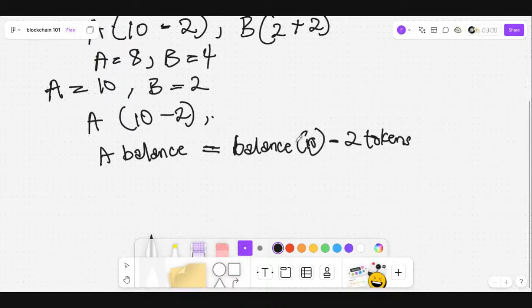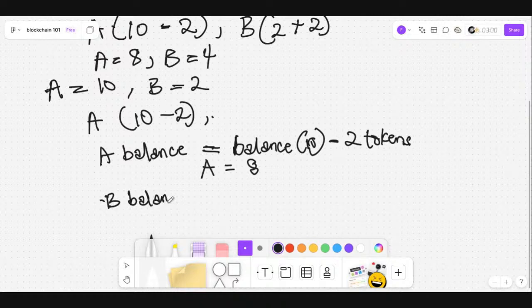It is after you handle this fact that person A's balance in your smart contract will actually be 8. Now person B's balance, according to the smart contract, is still 2, even though the transaction has happened. So you have to handle the balance yourself.